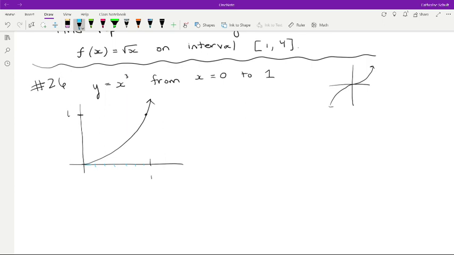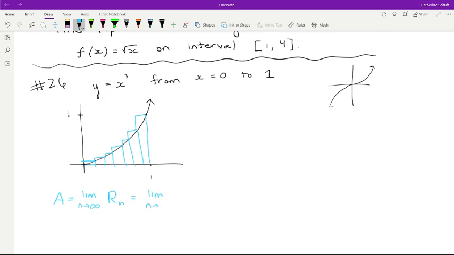We're going to be using the right endpoint to figure out the squares. So this is what we're doing. And then as a limit, we have 1, 2, 3, 4, 5, 6, 7 rectangles. We're going to let the number of rectangles go off to infinity.